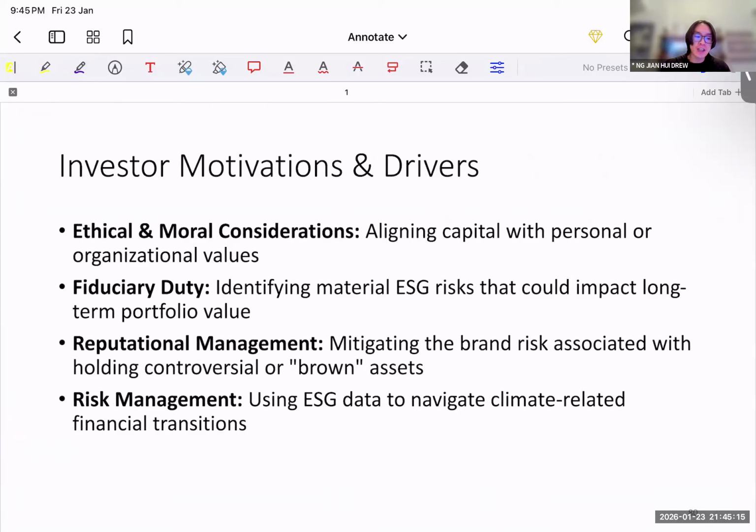Some motivations. I just want to highlight to you that increasingly it's no longer just checking the boxes for fiduciary duty. There is a level of reputational risk involved, and moral considerations. Today I was just reading a report by NGOs.